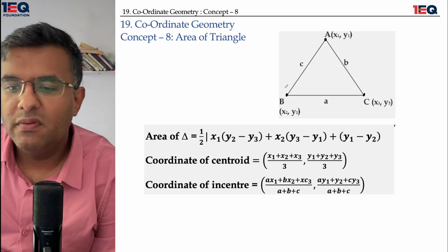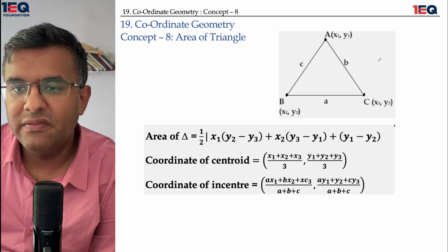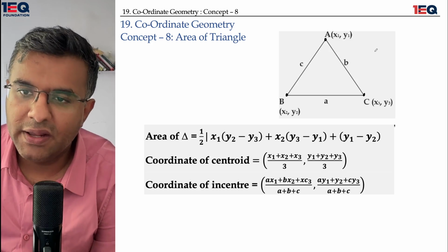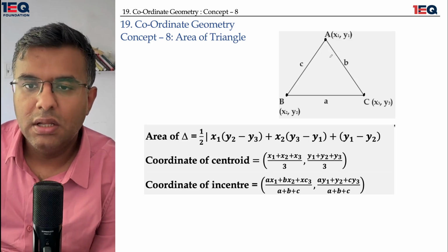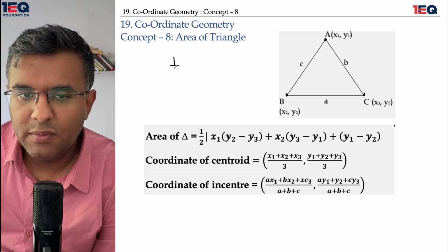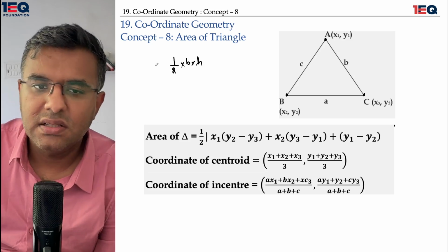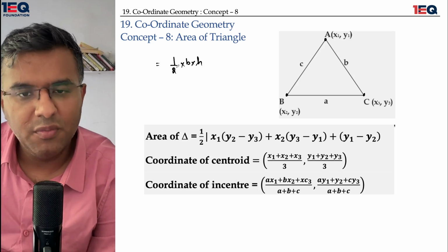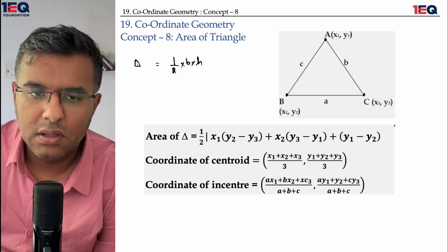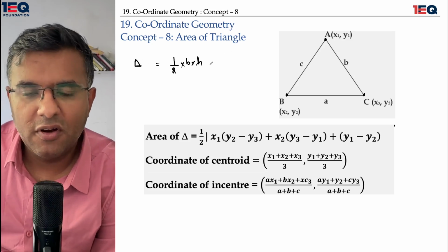Now we will get situations in which we'll have to find the area of a triangle. There is definitely a formula where we can apply half into base into height. This is not unusual for all of you because it is the most standard formula of a right angle triangle.